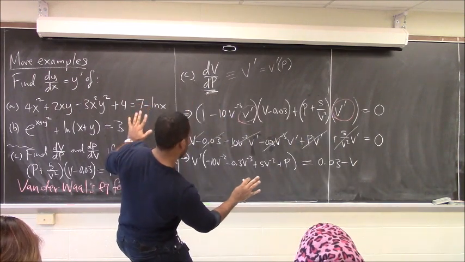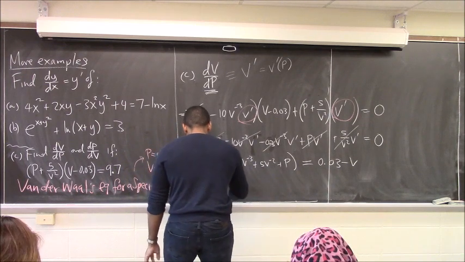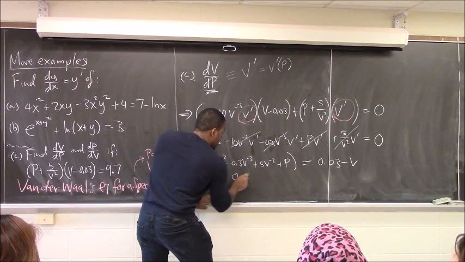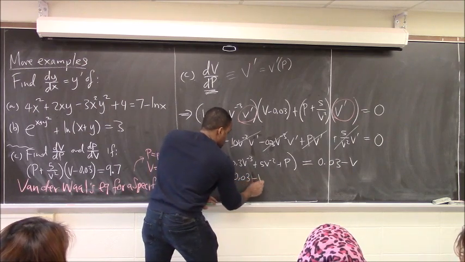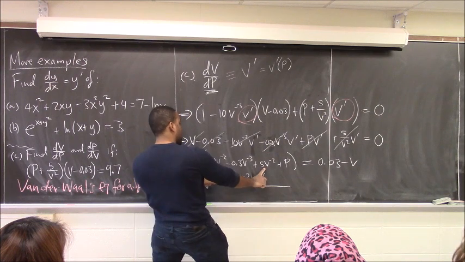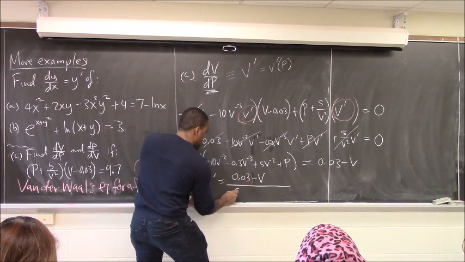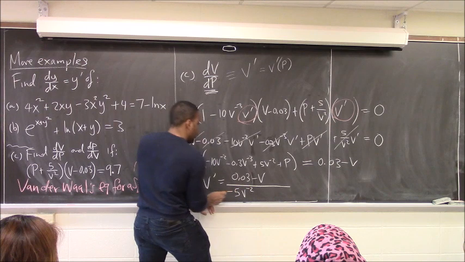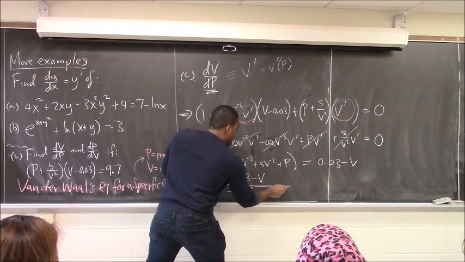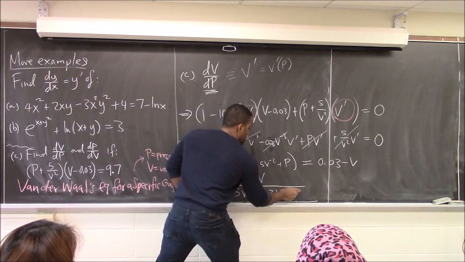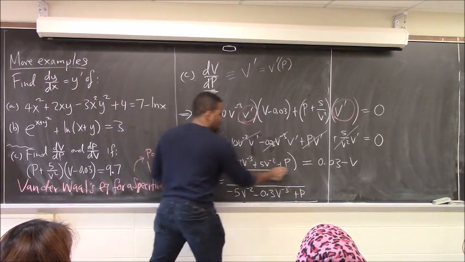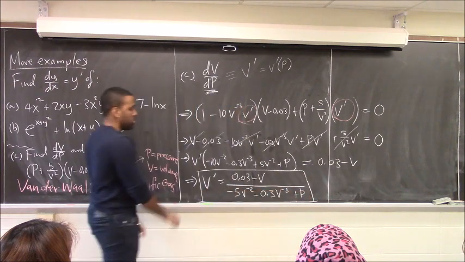Everyone accounted for? I think so. And then I would have v prime is just going to be 0.03 minus v all over. Well, these guys I can combine. That's just minus 5v to the minus 2 minus 0.3v to the minus 3 plus p. That is my derivative of v with respect to p.